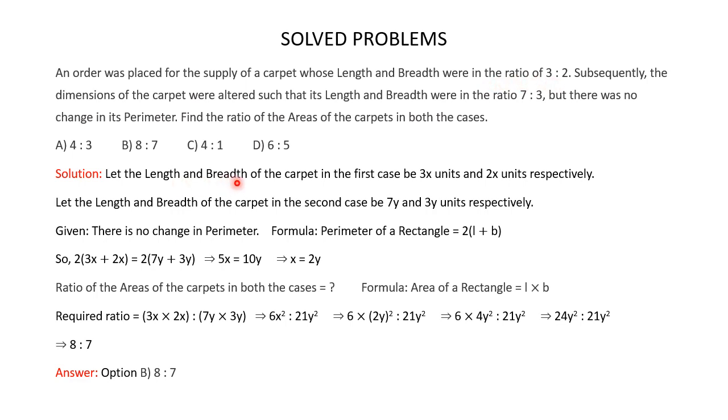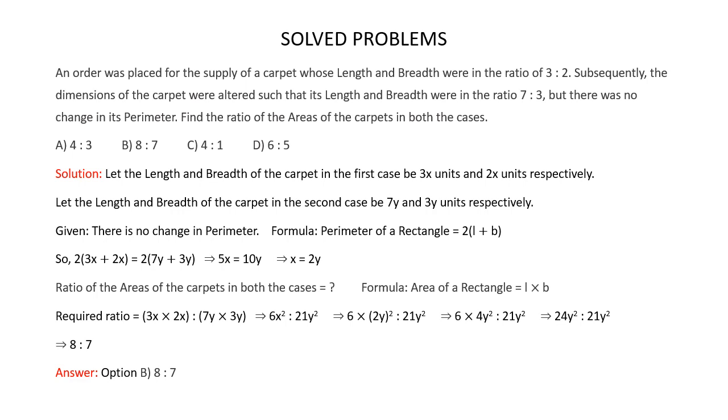So let the length and breadth of the carpet in the first case be 3x units and 2x units respectively. Also, it's given that the length and breadth of the carpet in the second case was in the ratio 7:3. So let the length and breadth of the carpet in the second case be 7y and 3y units respectively.